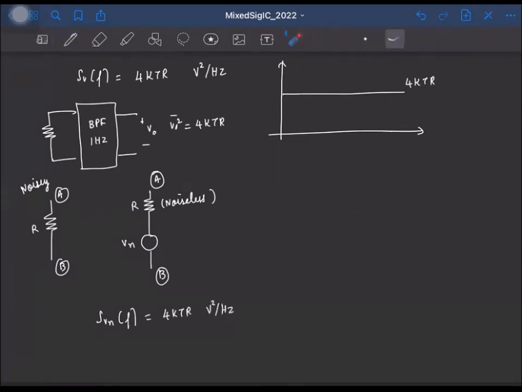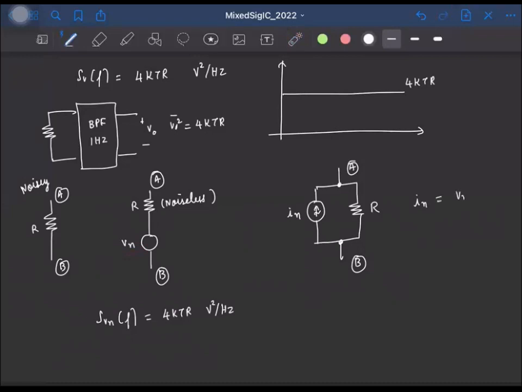We can also model this in another way by doing a simple source transformation, converting this voltage source in series with the resistor to a current source in parallel with the resistor. So this is the noise current source, and then we have the noiseless resistor like this, and these are my terminals A and B. If I call the noise current In, how is it related to the voltage Vn?